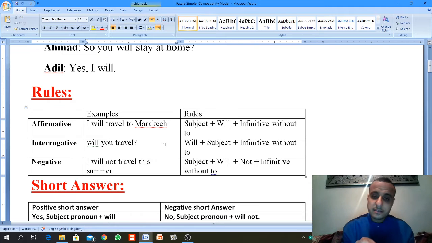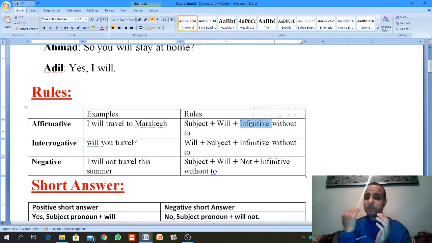Now let's take the rules from every form, from every sentence here. So what is it here? I will travel to Marrakesh. It is subject plus will plus infinitive without to. What is the infinitive without to? The infinitive without to is the verb when it is not conjugated, without to. For example, the verb to be.